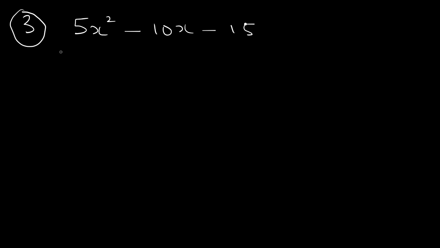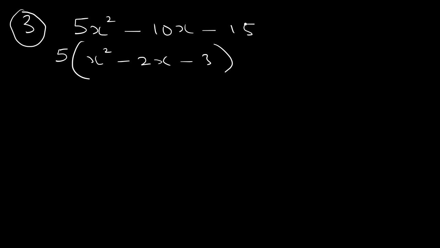So if we do that, we'll have 5. If we divide 5x squared by 5, we'll have x squared, minus 10 divided by 5 is 2, that is 2x, and 15 divided by 5 is 3.